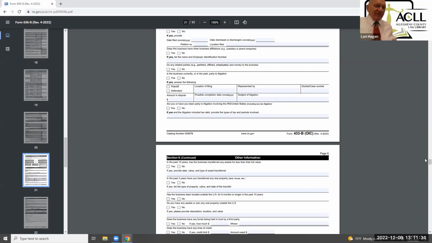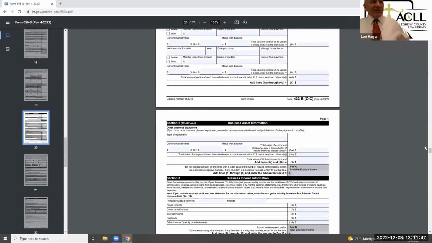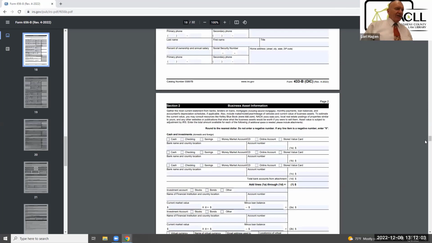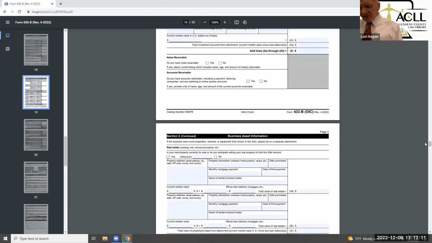Sometimes the accounting is done in foreign countries, so they're paying somebody in Indonesia $200 to put your offer together. They're making $6,000 on it, and the offer is rejected. If it doesn't pass the first time, they're generally not back in there interacting with the IRS trying to come up with answers for you. That's something that happens.